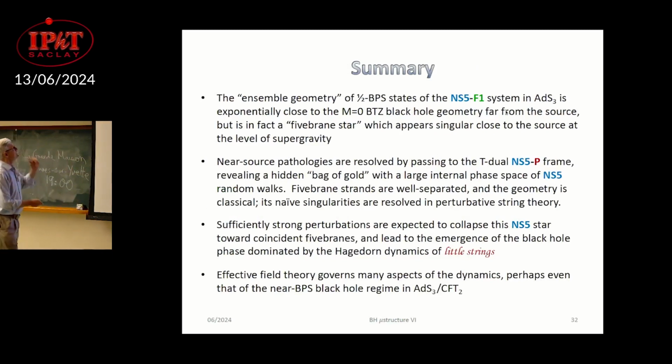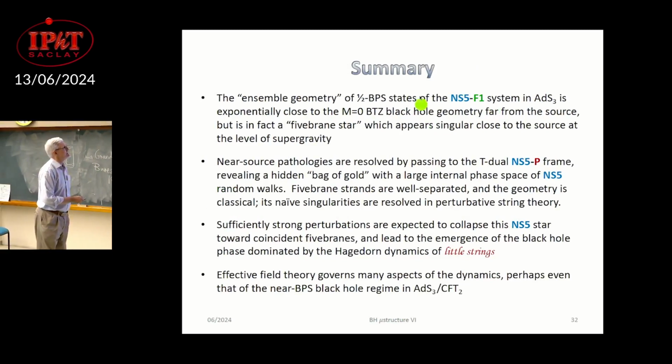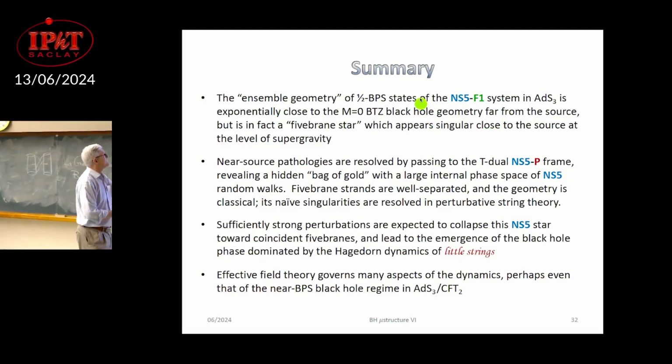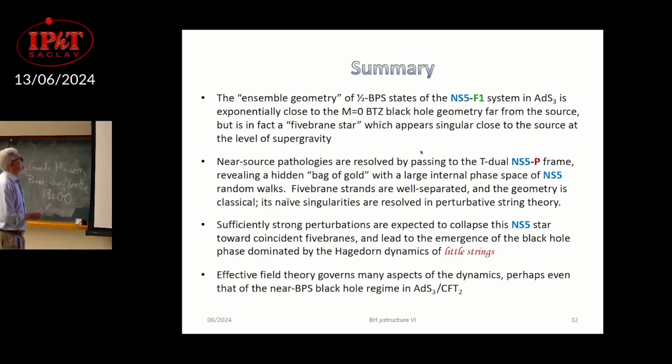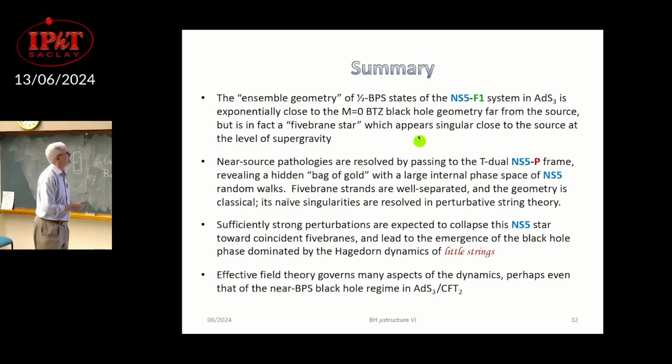So I hope I've convinced you that we can learn a lot about the NS5F1 and NS5P systems by the use of some effective field theory. And in that effective field theory, it's pretty clear that the fibranes in this regime of configuration space are some kind of fibrane stars.